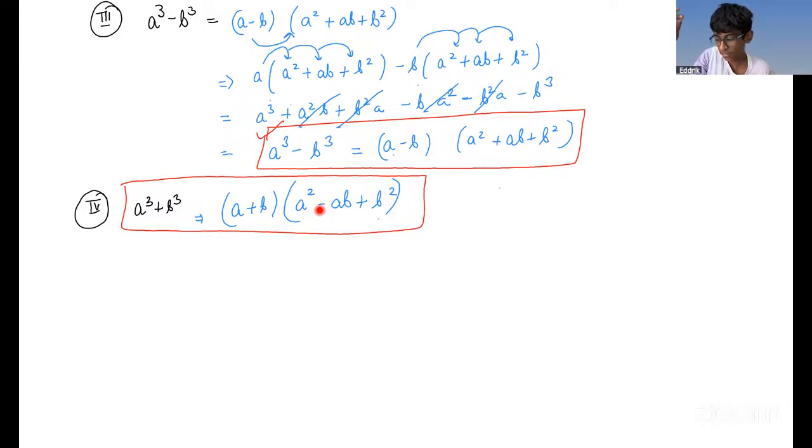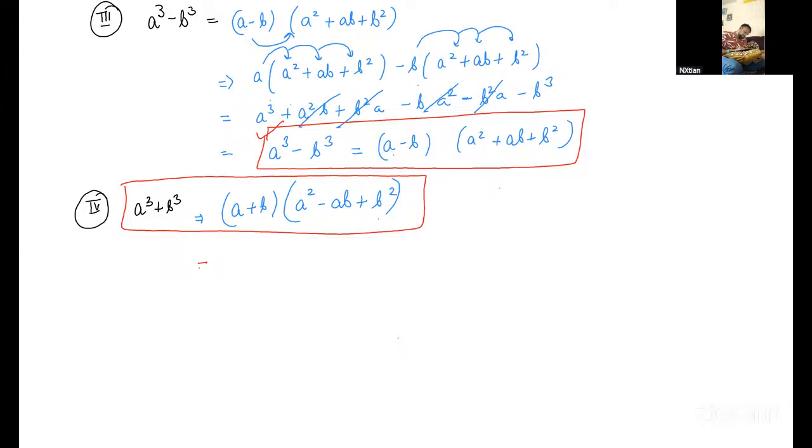So now I urge you to solve and check whether the identity which I wrote is correct or not. And how will you check it? Sir, you can try and solve it. So it will become a into a square minus ab plus b square, plus b into a square minus ab plus b square.